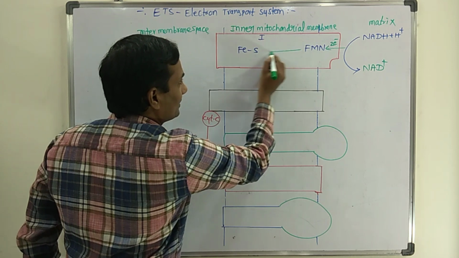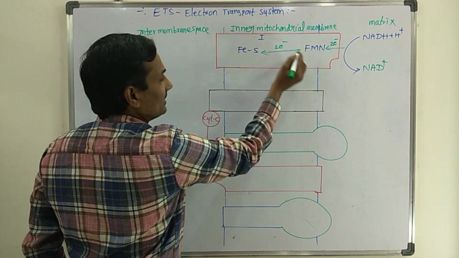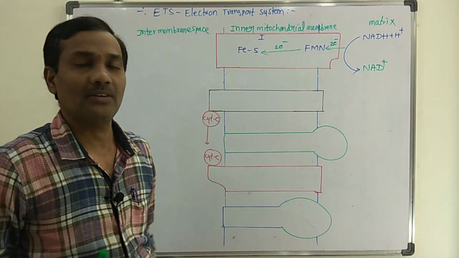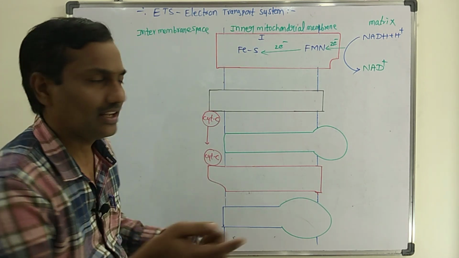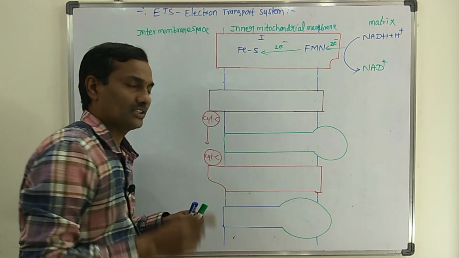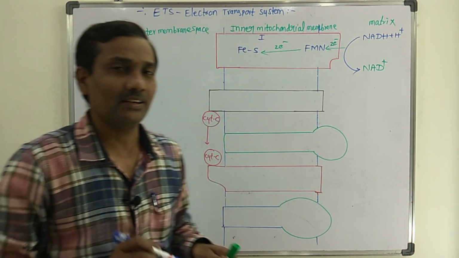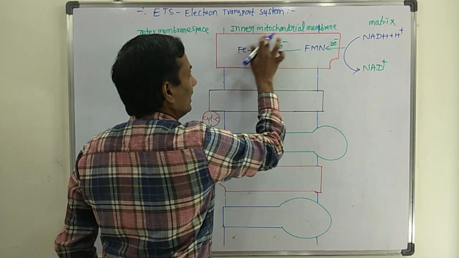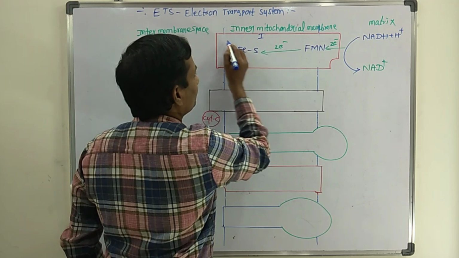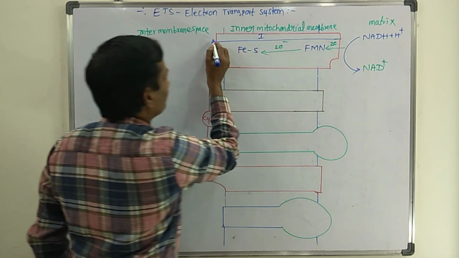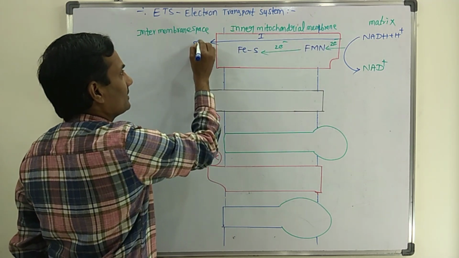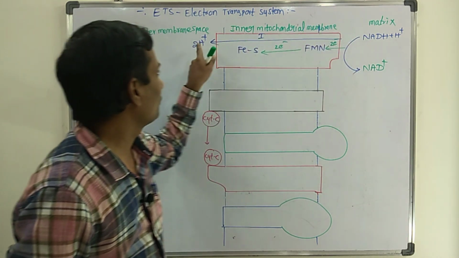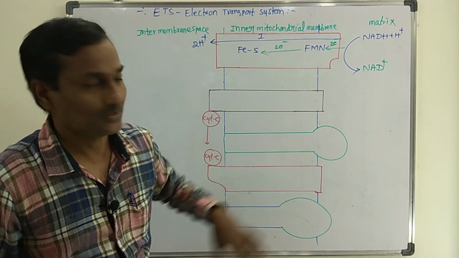Those electrons are then transported to iron sulfur protein, which is also a component of complex 1. Carefully observe here, along with 2 electrons, 2 protons are translocated from the matrix to the intermembrane space.